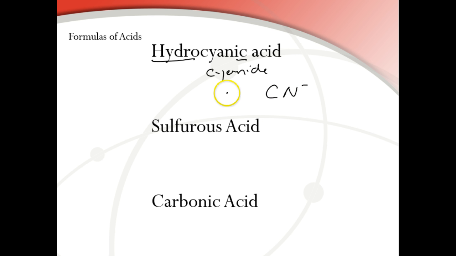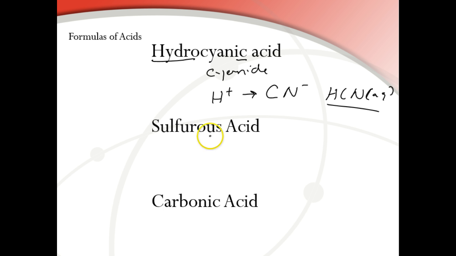Now we tack on hydrogens until it's neutral. It's got a 1 minus charge, and hydrogens carry a positive charge, so we tack those on and we get HCN. Positive and negative cancel, and we add the AQ. So this is hydrocyanic acid, HCN.